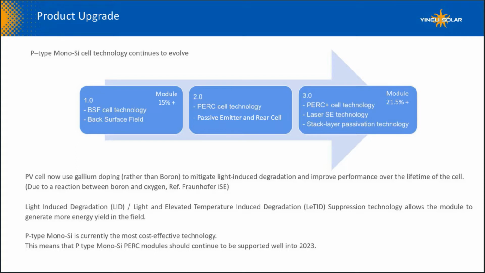Today, our 3.0 PERC mono cell used in the Yingli 415-watt panel is not only more efficient, delivering panel efficiency well over 21%, they also operate more efficiently at higher temperatures, capture a broader spectrum of sunlight, and are more stable over time, making them ideal for the residential market. The PERC mono is currently the most cost-effective technology on the market, and this means that this type of semiconductor will continue to be supported well into 2023.